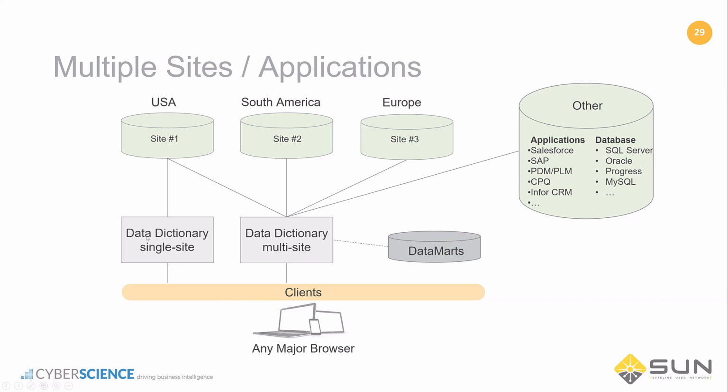Another user connecting to the same environment may see multiple tables or multiple sites worth of information. They may see multiple applications. Again, it's all controlled by you, either by user ID or Active Directory groups. Users may or may not see ECQ data marts and cubes, but again, you control what people see.